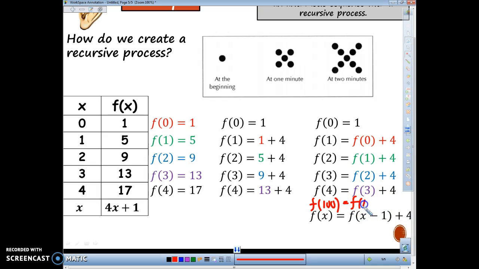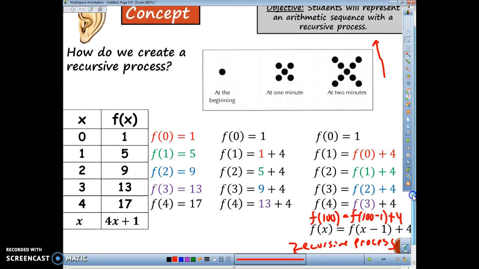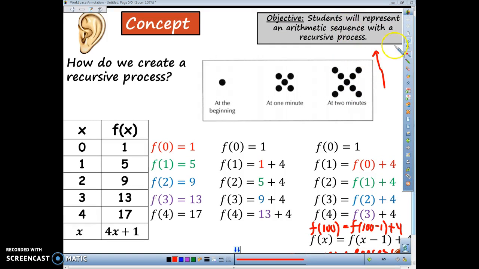Well, 99 is really what? 100 minus 1. You all see how we always take one less term. So here we're subtracting, and then we add the 4 dots that we have. This is what is called the recursive process. Okay, and that's our objective for the day, to represent an arithmetic sequence with a recursive process.